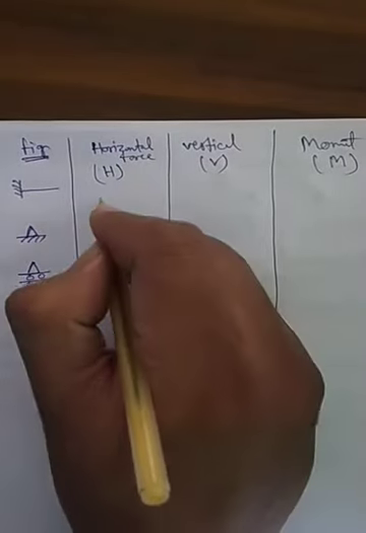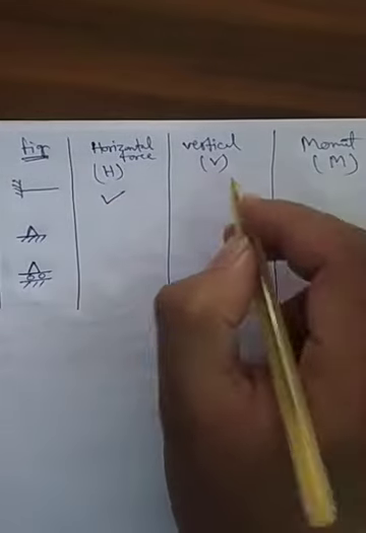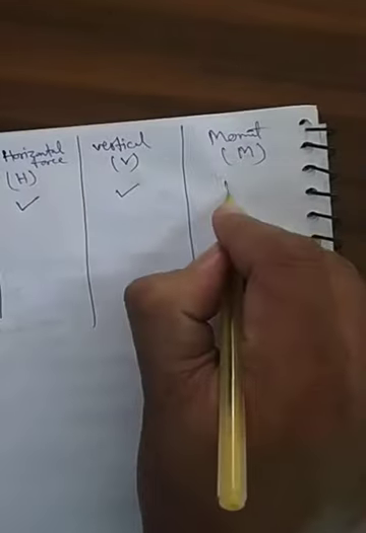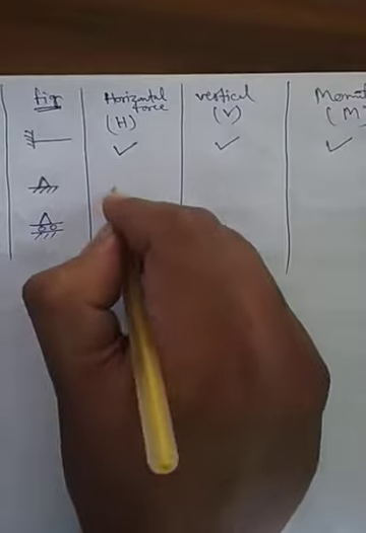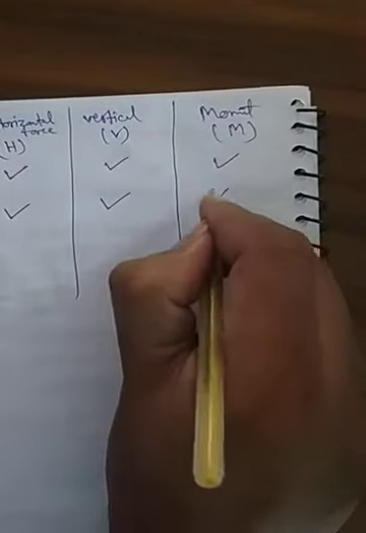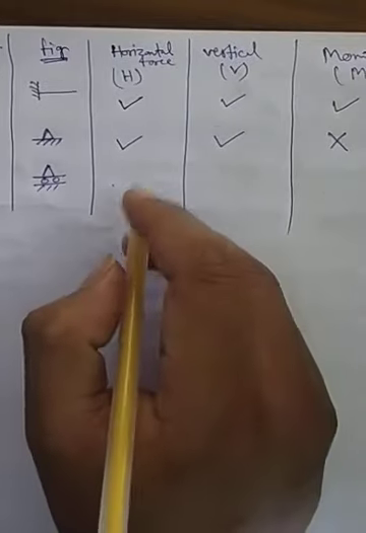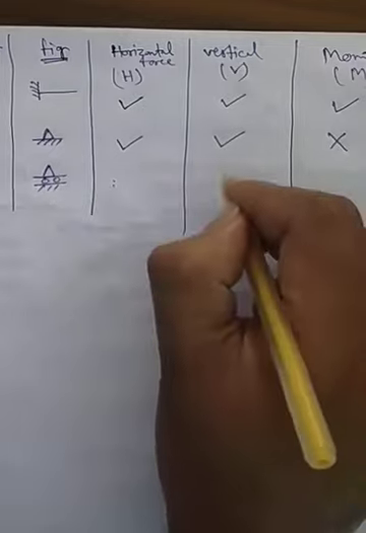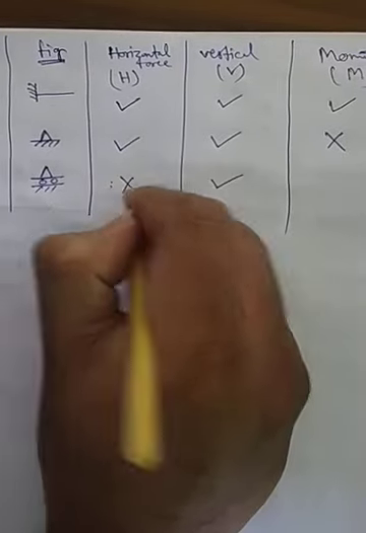In case of fixed, it can take horizontal force, vertical force and moment. In case of hinge, horizontal and vertical, but no moment. And in case of roller, it can take vertical but no horizontal and no moment. Clear?